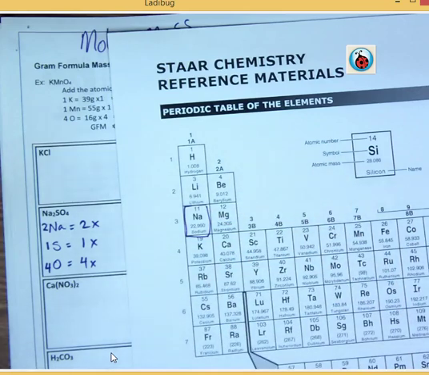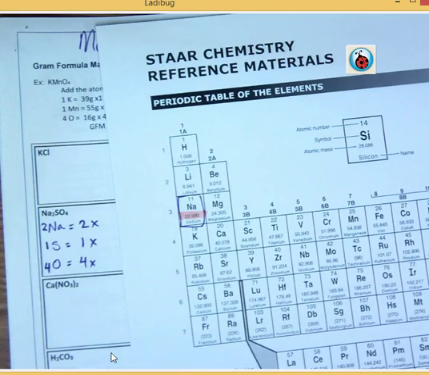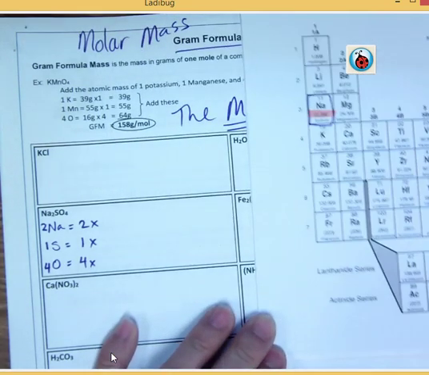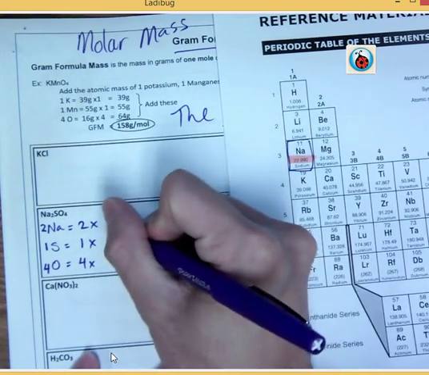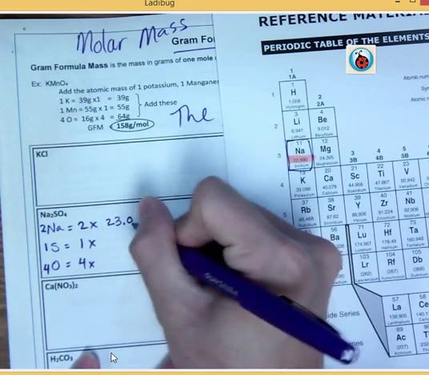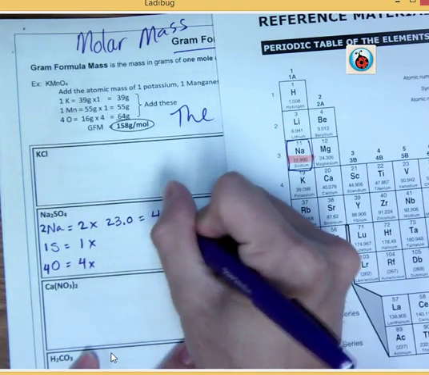And the mass is 22.99. Okay, so for the sake of making things a little neater, we'll always round to 1 decimal place. Sodium 22.99, we'll round it to 23.0. Always have that 1 decimal place after the decimal. So 2 times 23 is 46.